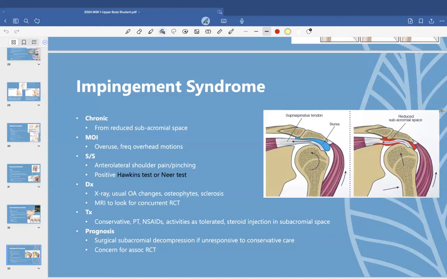So when we look at anatomically what's here, well, here's the bursa. So there's your subacromial bursitis issues right there. Also, here's the supraspinatus tendon. That's one of your rotator cuff tendons. So if there's less space here, you're probably going to have some bursitis symptoms, and probably some issues with this rotator cuff tendon as well.